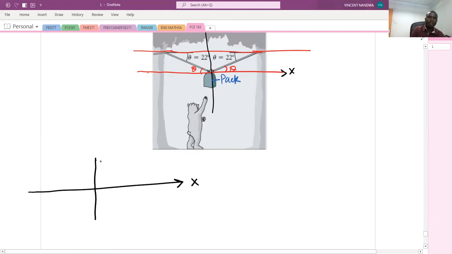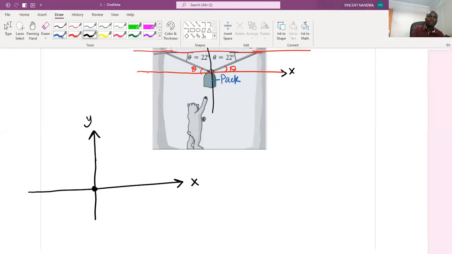So this is the x, this is the y, and this is the point where the pack is tied to those two ropes.